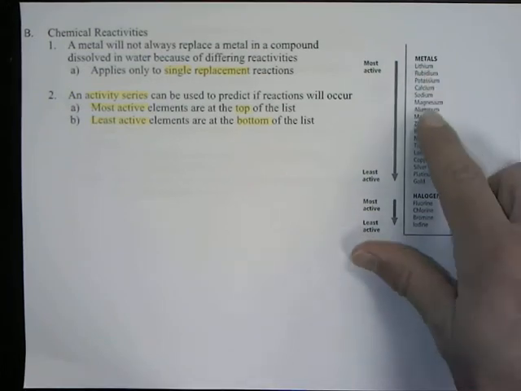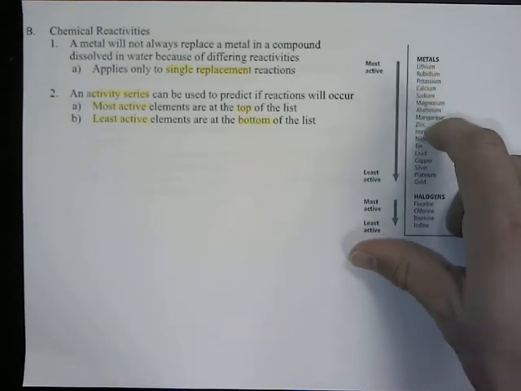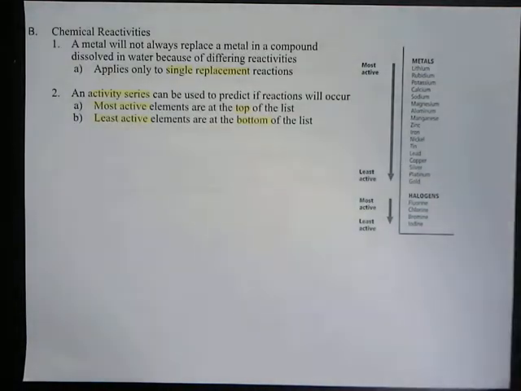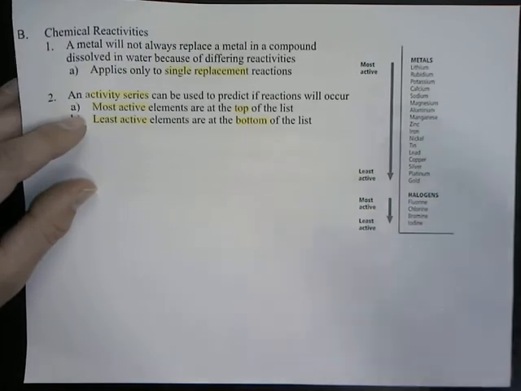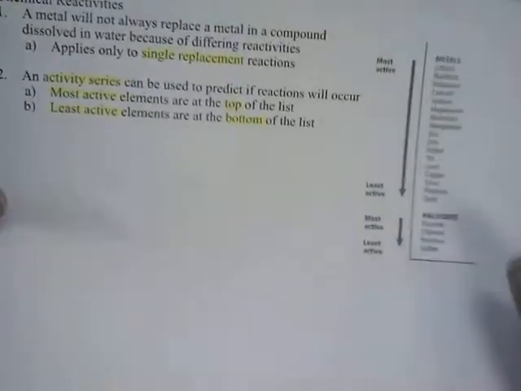So a single element has to be higher in this list than an element or a metal in the compound. If it's not higher, then the reaction does not happen, and we simply write NR for no reaction.